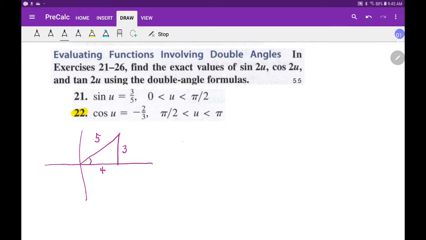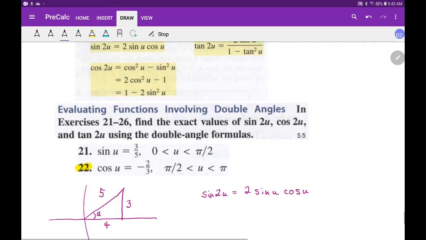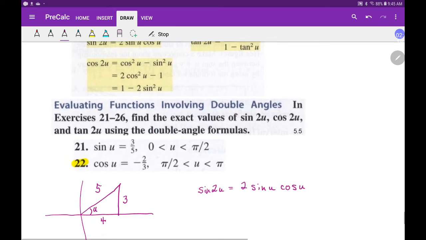All right, and then we say, okay, so if this is angle U, what about sine? They ask us to find sine of 2u. Well, sine of 2u is equal to 2 sine of u cosine u, right? Look up here. Yep, that's right.